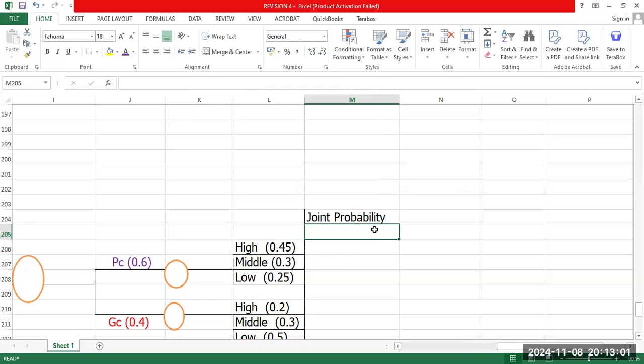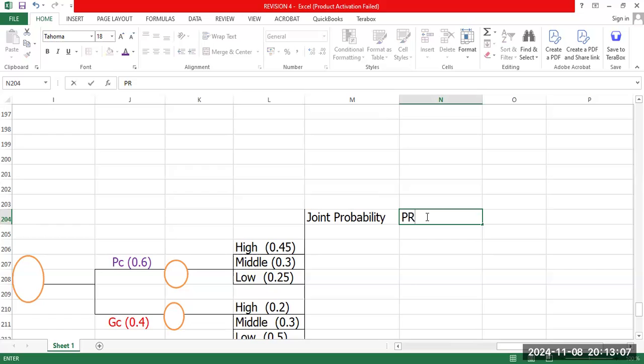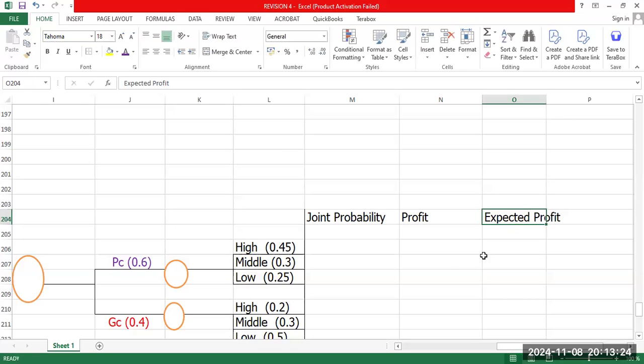Now, after getting joint probability, I will put here the profit, so that at the end I can get what I call expected profit using the decision tree. You'll get joint probability times your profit.